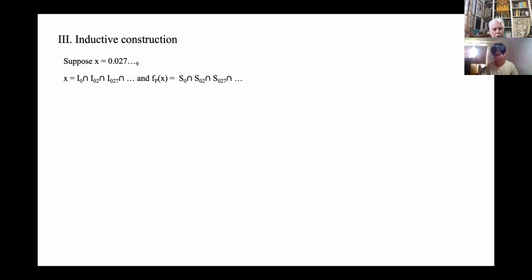And here, suppose x is 0.027... base 9. You need some more words. Then x equals this, and f sub p of x equals this.